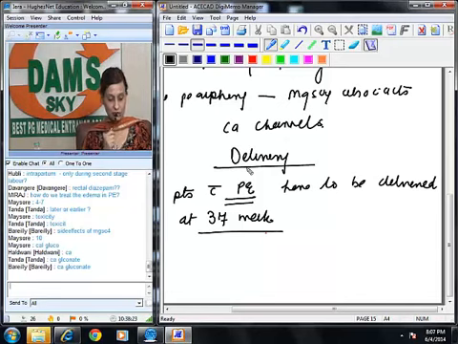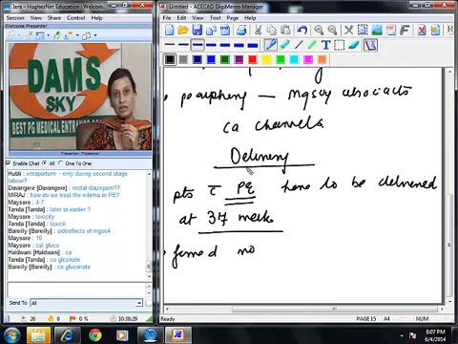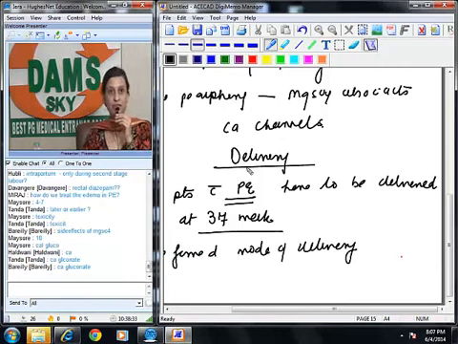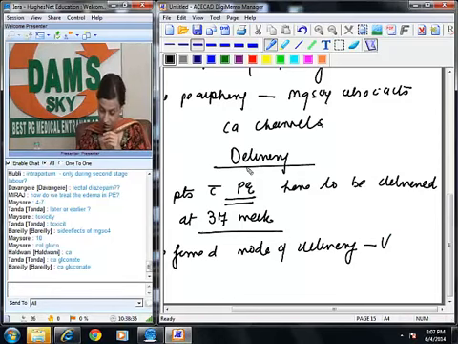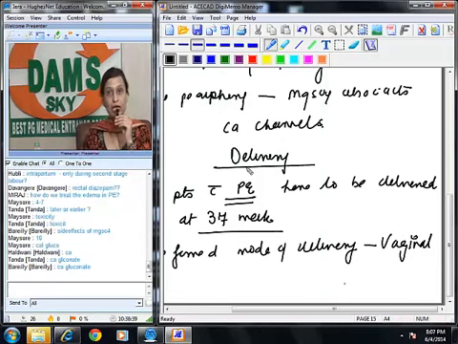So they have to be delivered beyond 37 weeks. Second point is the preferred mode of delivery. The preferred mode of delivery is vaginal for both eclampsia and preeclampsia. The preferred mode of delivery is going to be vaginal delivery, right?